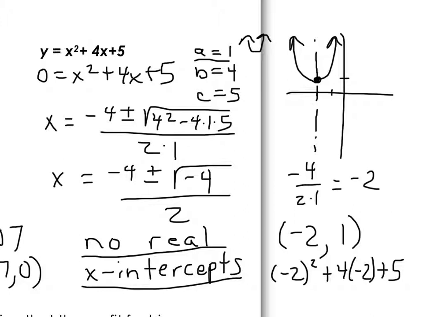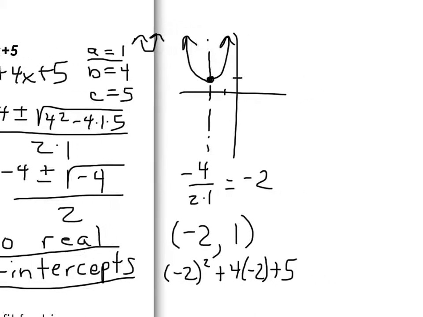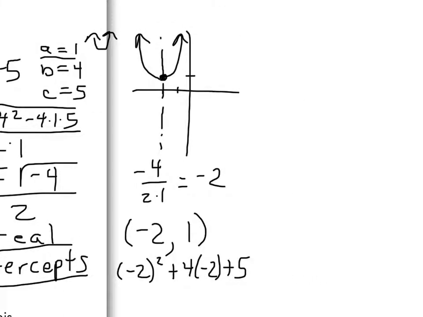So we've seen examples where there are two x-intercepts. We've seen an example now where there is not an x-intercept at all. Can you think of a problem or a graph where there would be just one x-intercept?